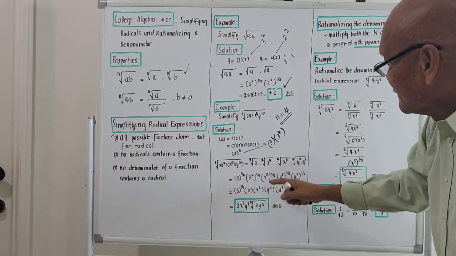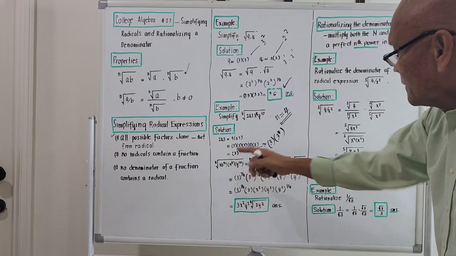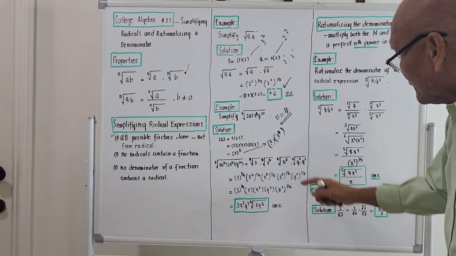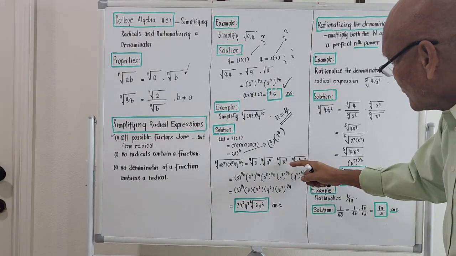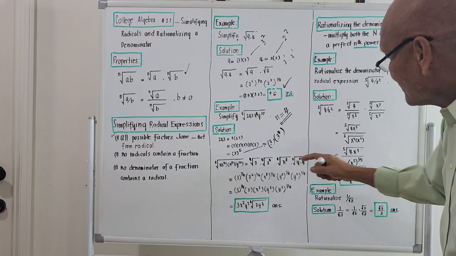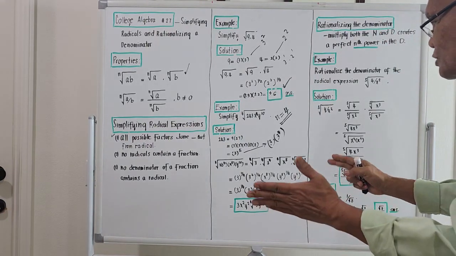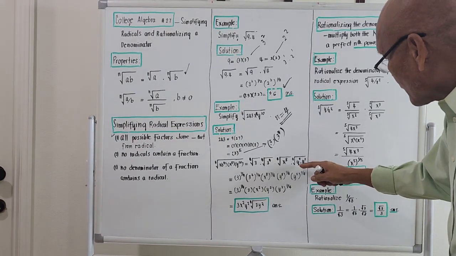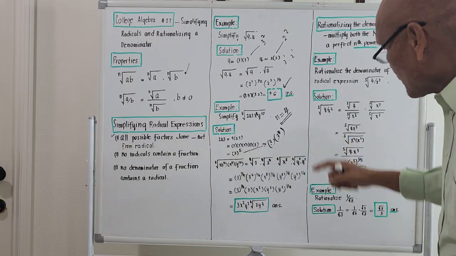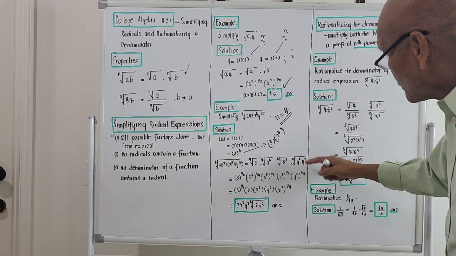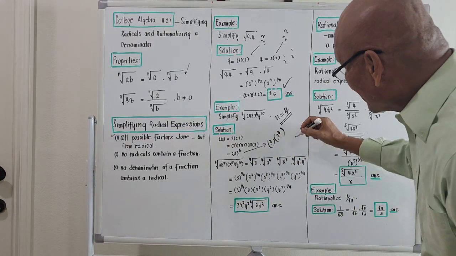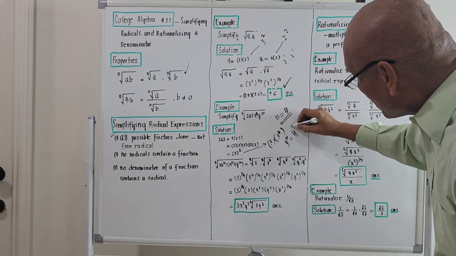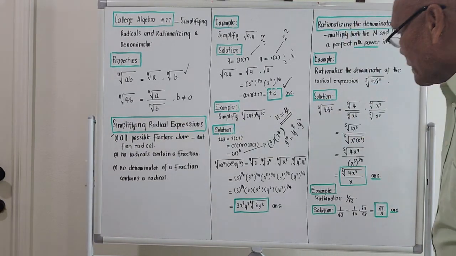So the simplification is the product of the fourth root of 3 times the fourth root of 3 to the 4th times the fourth root of x to the 8 times the fourth root of y to the 8 times y squared, because y to the 8 and y squared is y to the 10th. Y to the 10th can be written as y to the 8 times y squared.